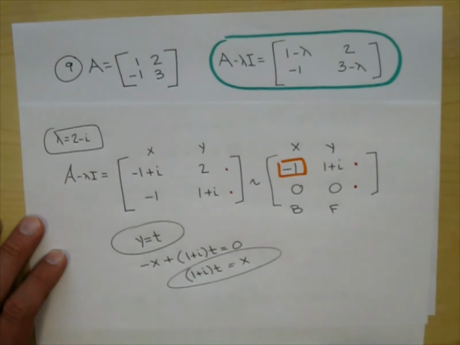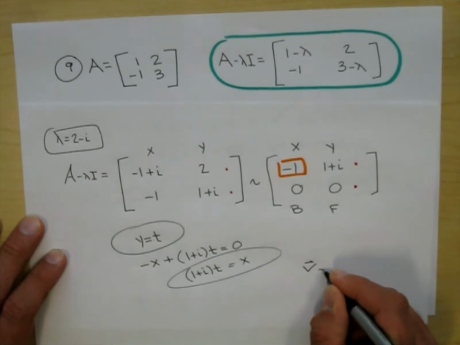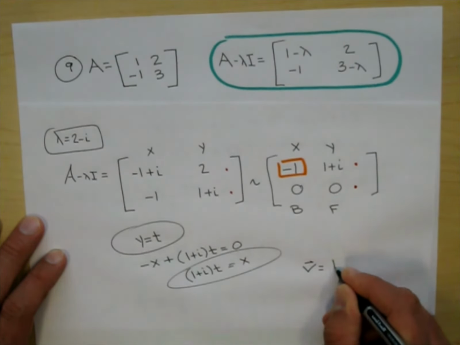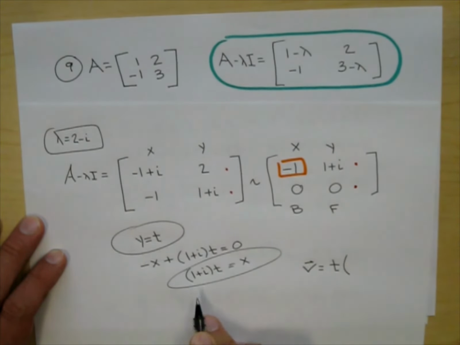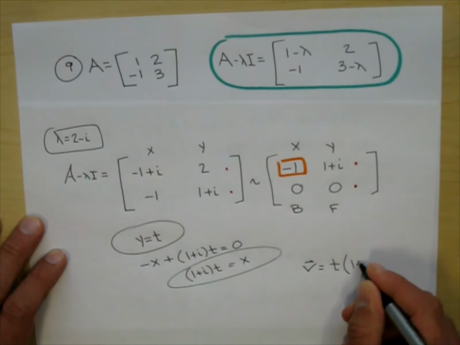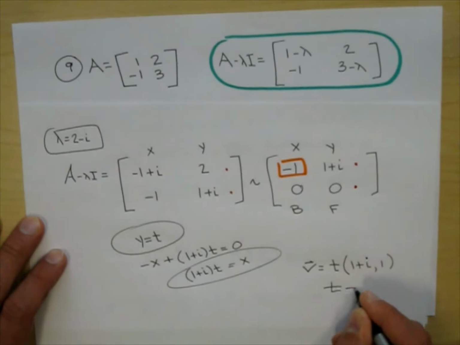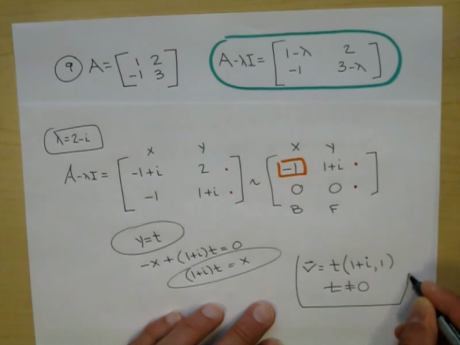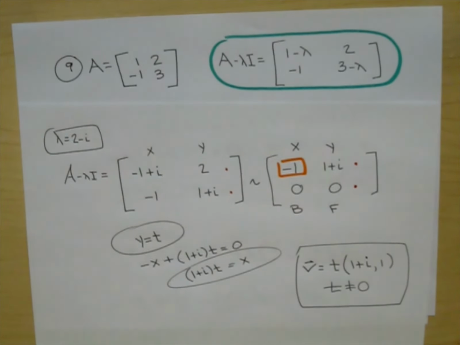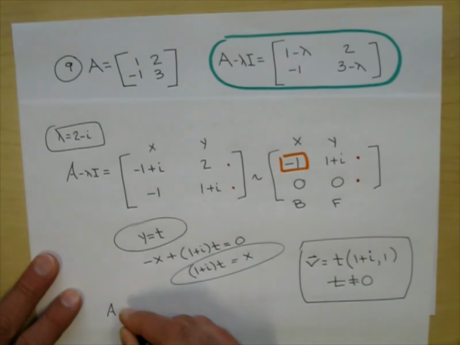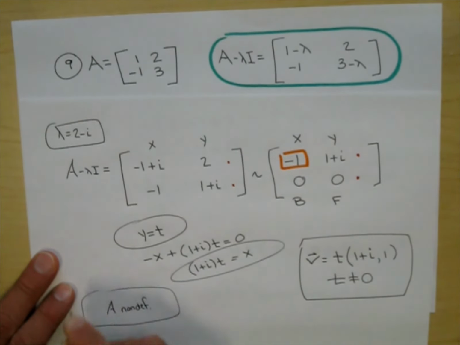So our eigenvectors will look like this. They'll be t times (1 plus i, 1), where t does not equal 0. The geometric multiplicity is 1, the algebraic multiplicity is 1, A is non-defective. I'm not going to write out the eigenspaces.